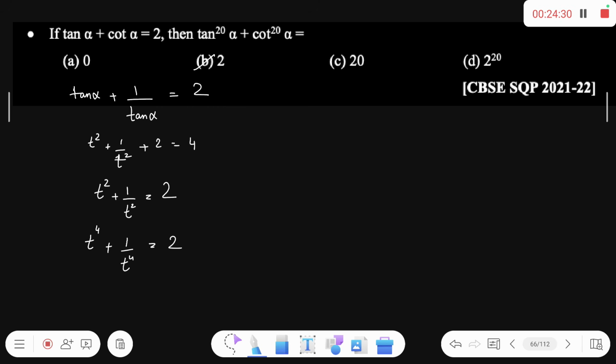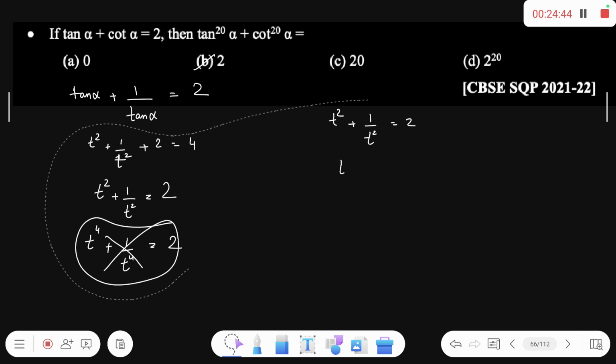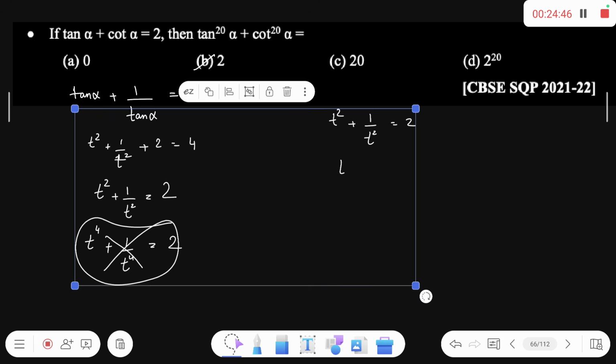your answer is 2. The other way of solving is you can write t square plus 1 upon t square is equal to 2. Don't take it this way. You just do no. Delete.